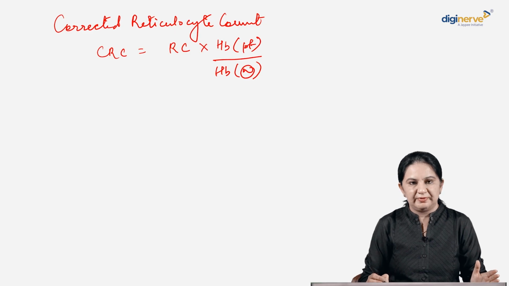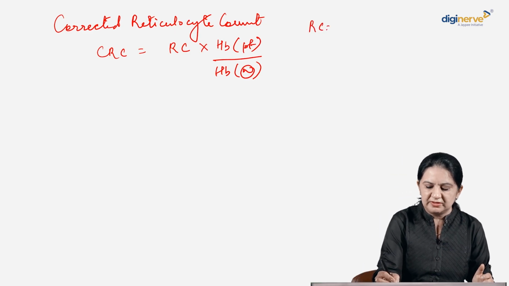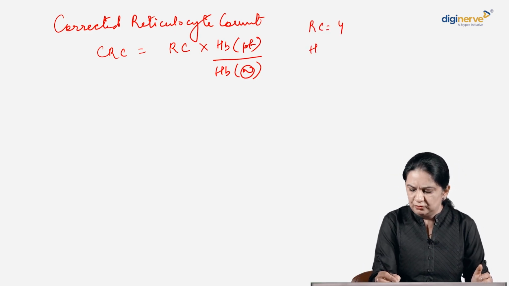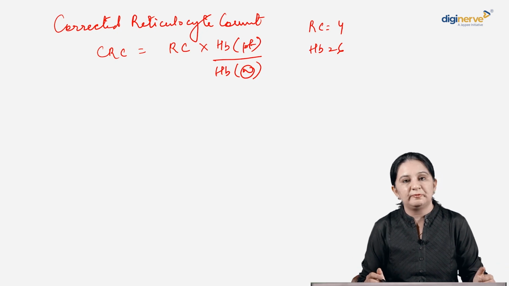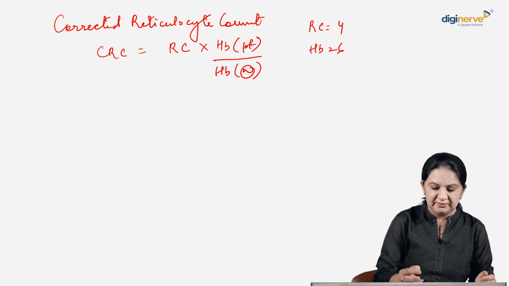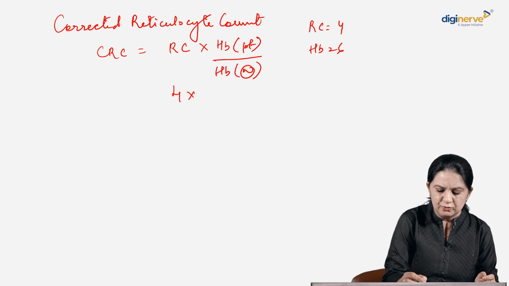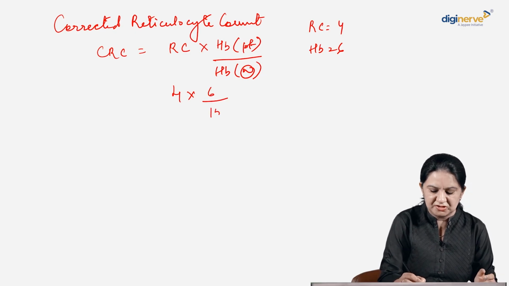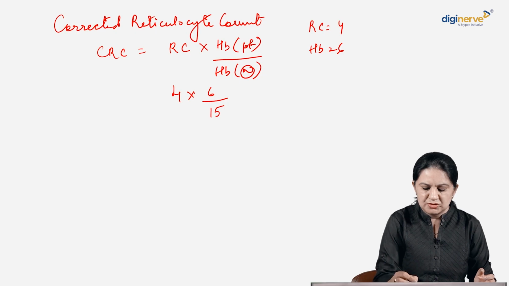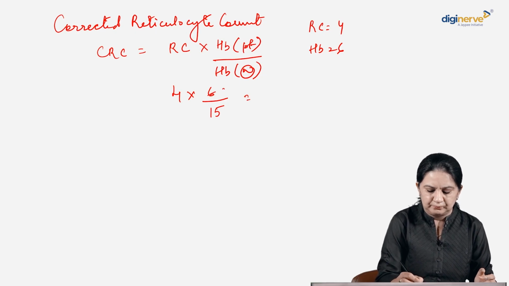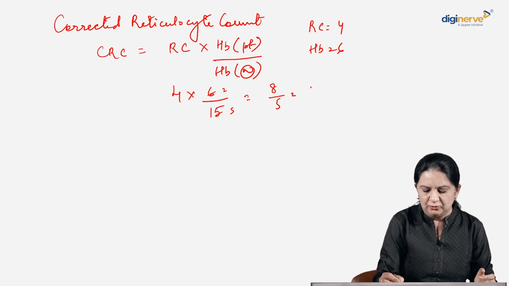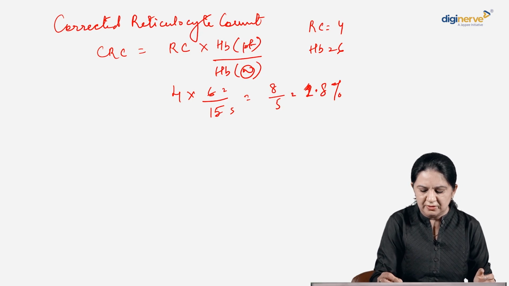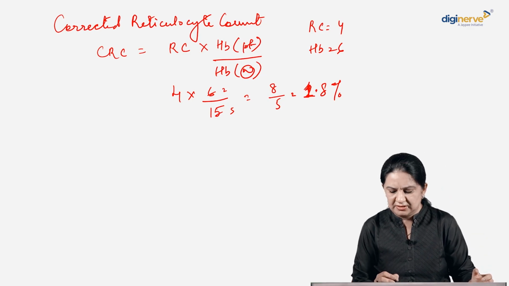If they give reticulocyte count as 4 and hemoglobin as 6, what would be the corrected reticulocyte count? Simple mathematics: 4 into 6 divided by, on an average, a normal hemoglobin of 15, somewhere close to 1.8. So 1.8 would be your corrected reticulocyte count.